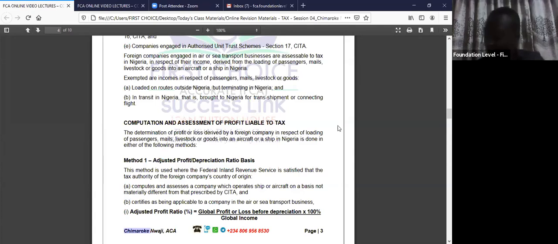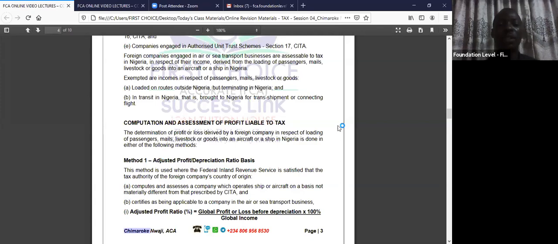So it's still company income tax, preceding year basis.